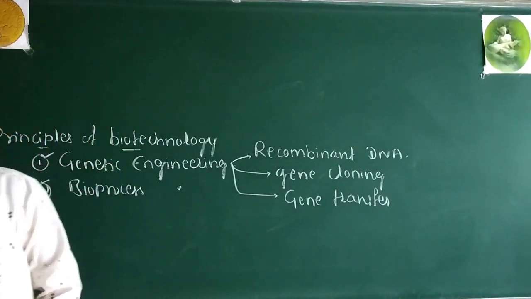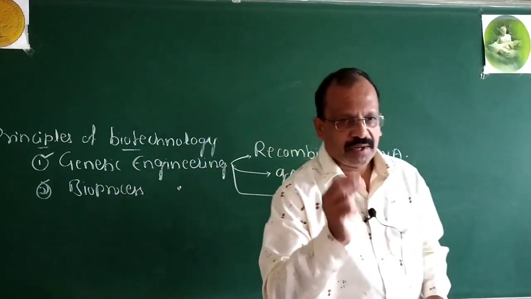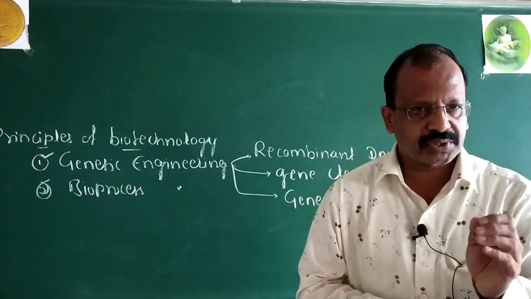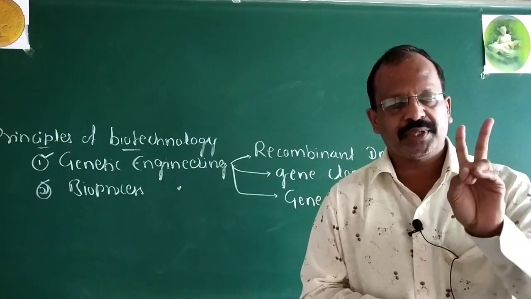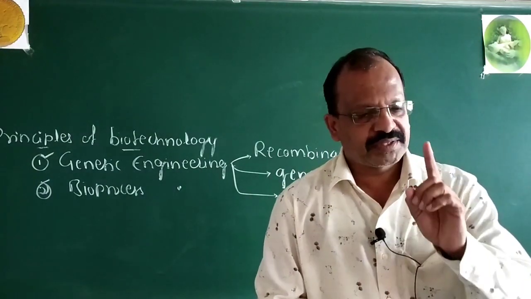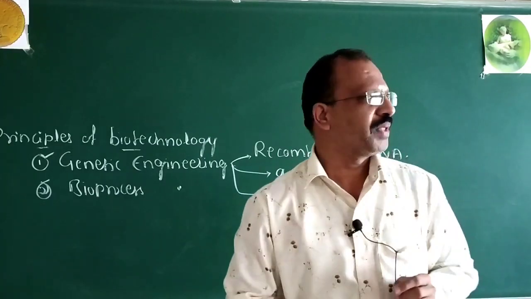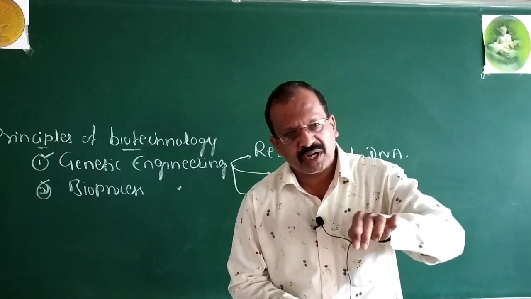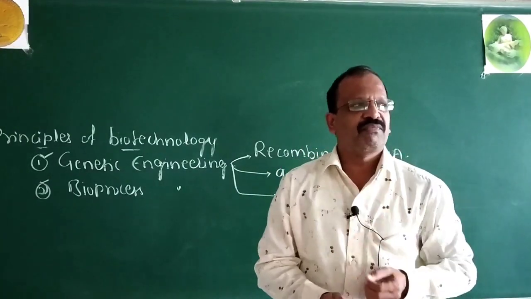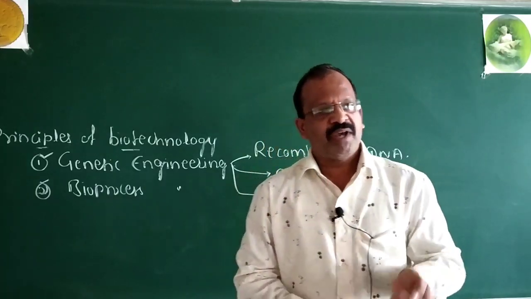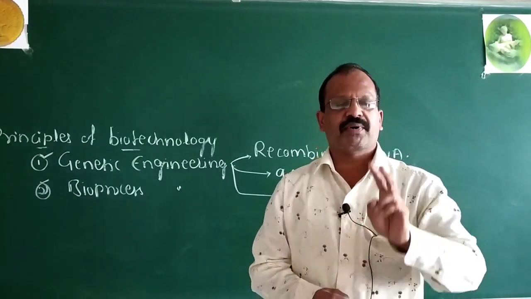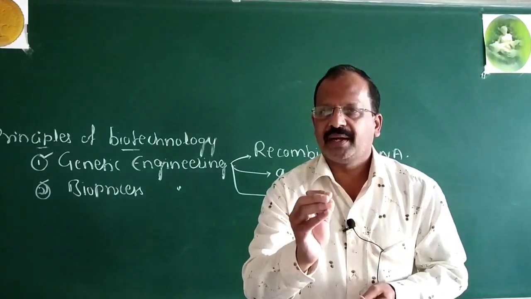If you want to understand the next para, try to recollect the matter which you have come across in chapter number 1, reproduction in organism, where we have come across the definition of reproduction and two types of reproduction, asexual and sexual.